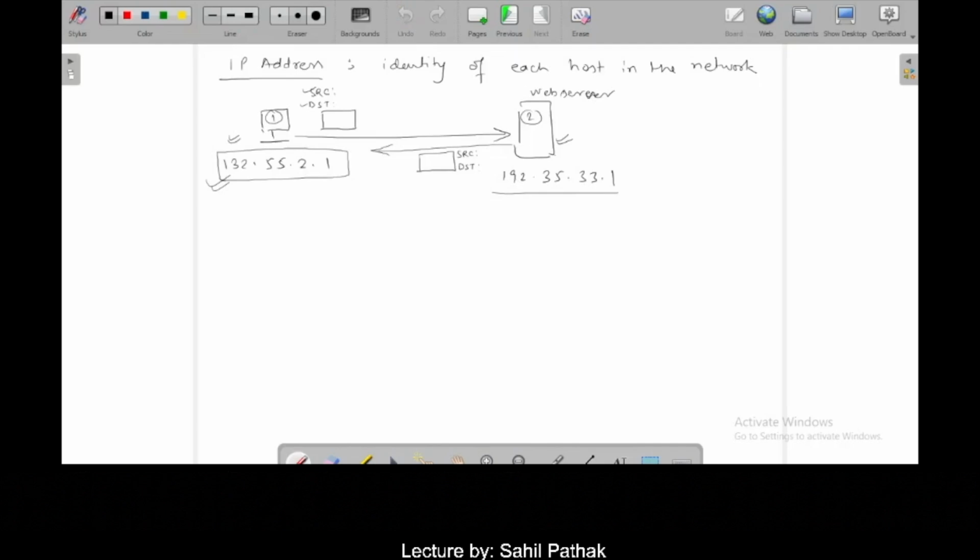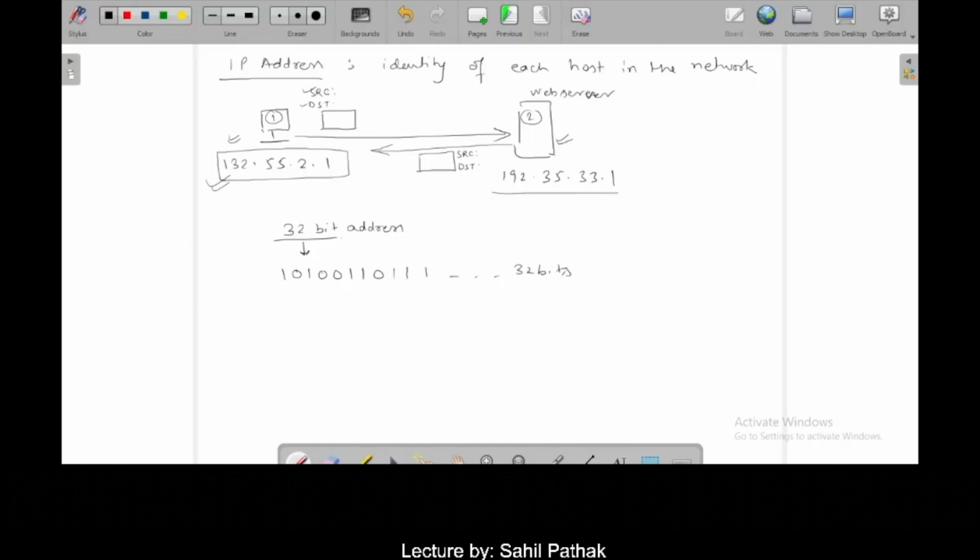Now, if we look further, an IP address is nothing but a 32-bit address. 32 bits means it can be a sequence of 32 ones and zeros, like this.